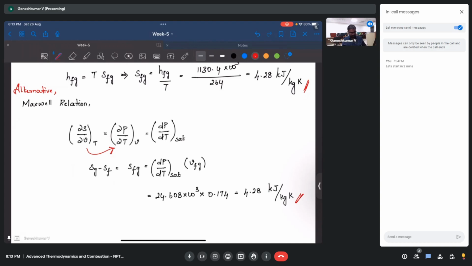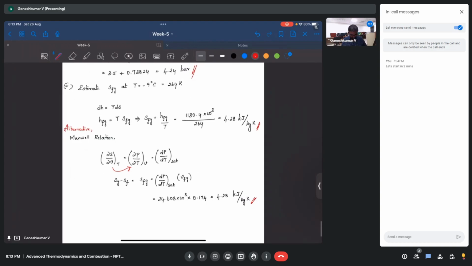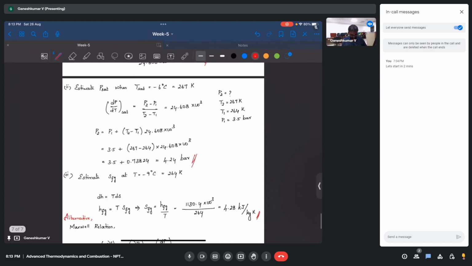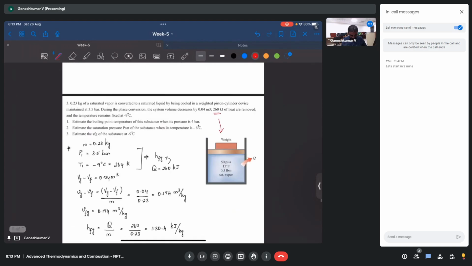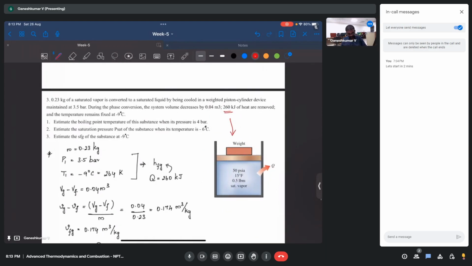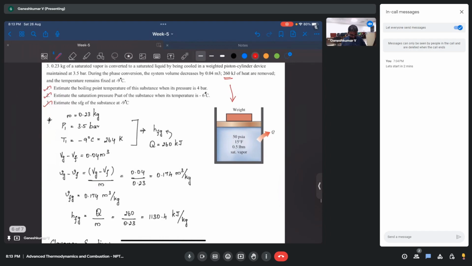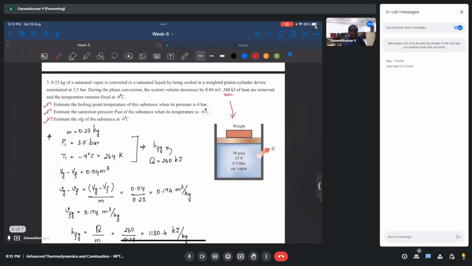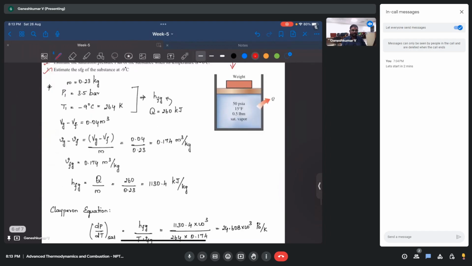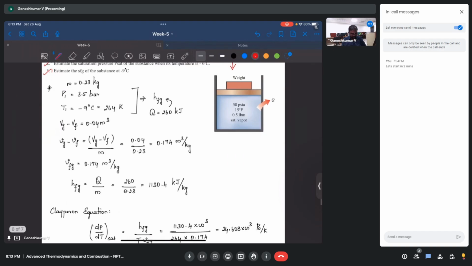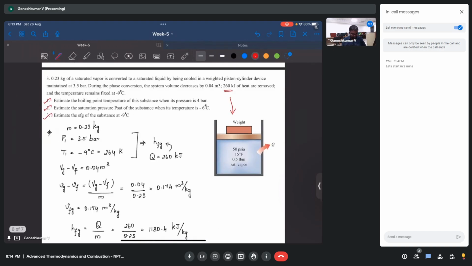All right, and I think this is also done. So this is how you find the boiling temperature, pressure, and s_fg for a given phase change system.